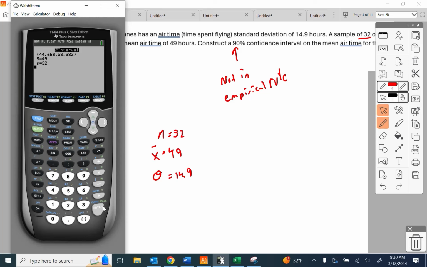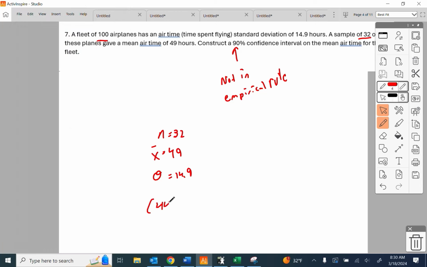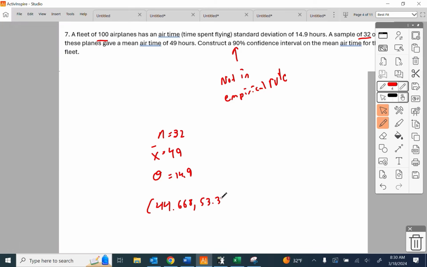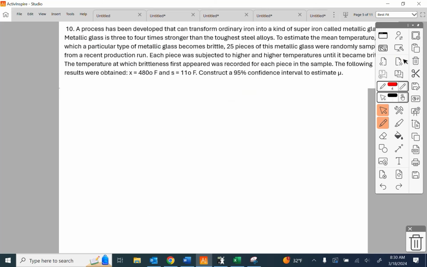So 44.668 all the way to 53.332. And there you go. They're pretty easy.